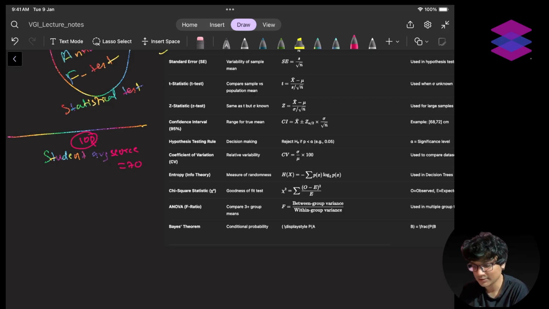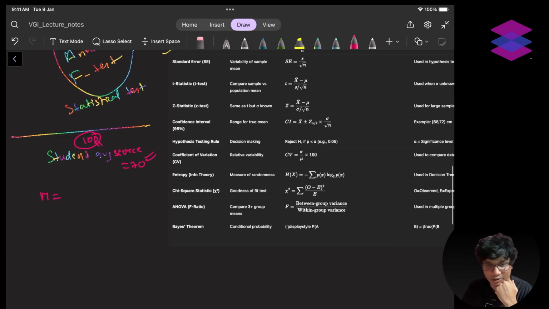Okay, so for now you have just collected the data of 100 students, and you have come up with a solution key, like my average student score is like 70, like everyone should score around 70, right, and you wanted to find out the mean of it. Okay, you wanted to find out the standard deviation of it. Okay, and you already found out the mean, the standard deviation, and some other statistical tests as well.